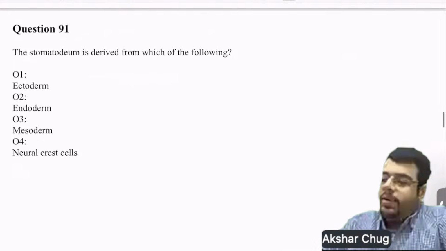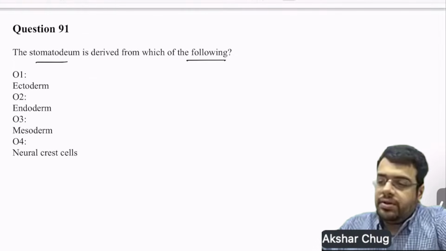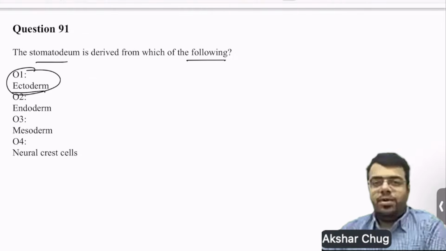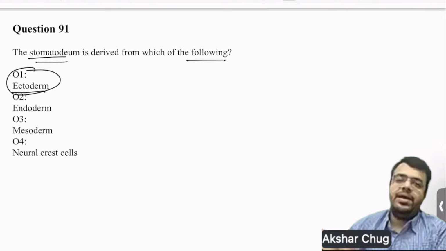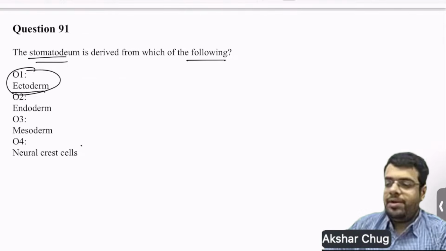The stomatodeum is derived from which of the following layers? Again, this is a factual question. The stomatodeum is derived from the ectoderm. Now, if I wouldn't have known the answer, stomatodeum sounds like stoma, which means mouth. Mouth cannot be derived from neural crest cells, neither could it be derived from the mesoderm.